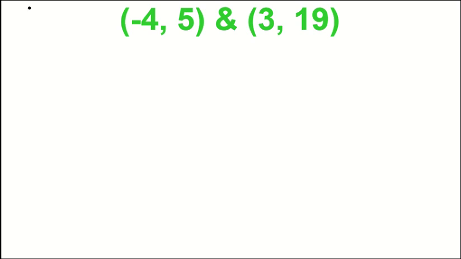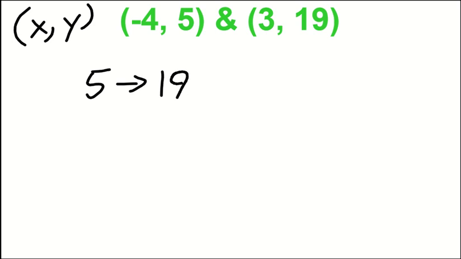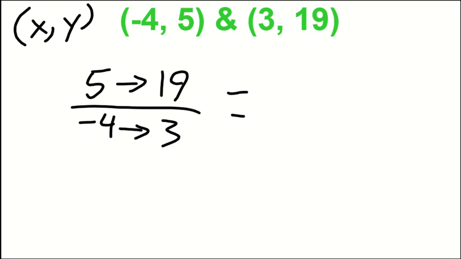Just like with the alphabet, we got X and then Y. So when I do the change in Y over change in X, my Y value goes to 19, my X value is going from -4 to +3. If they increase, it will be a positive number. If they decrease, it will be a negative number, okay?